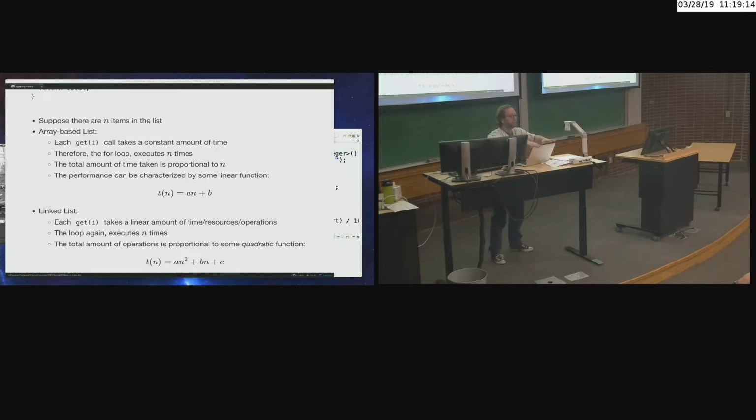Again, it depends on the machine that you're running it on. So what I did is I ran this over and over and over again, at least the linked list one. And I wanted to find out what A, B, and C actually were on my machine at one point in time. I think I used the same machine for this.